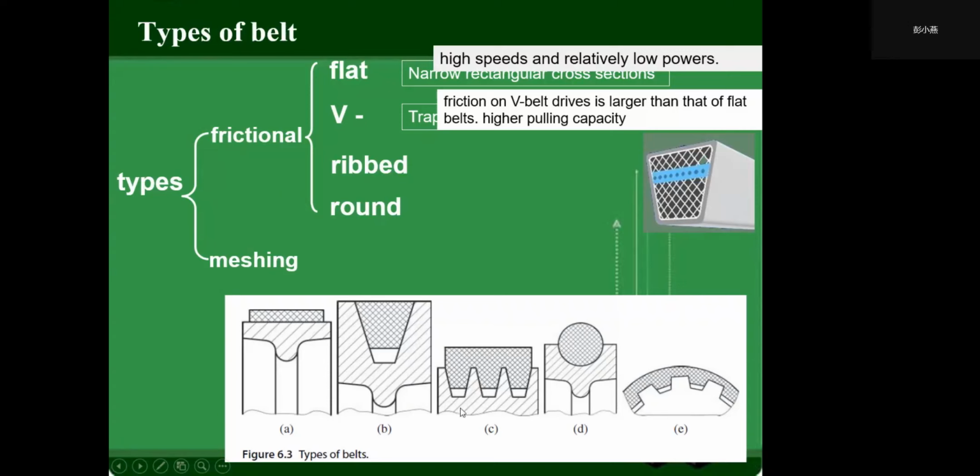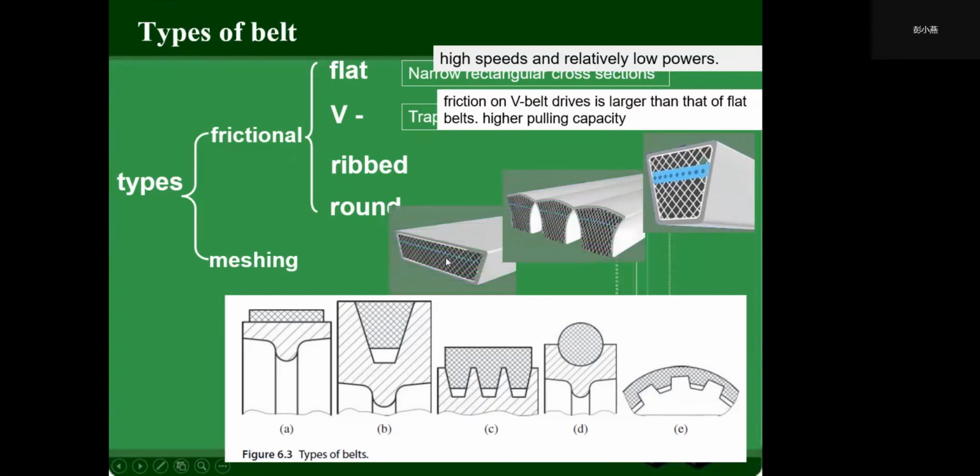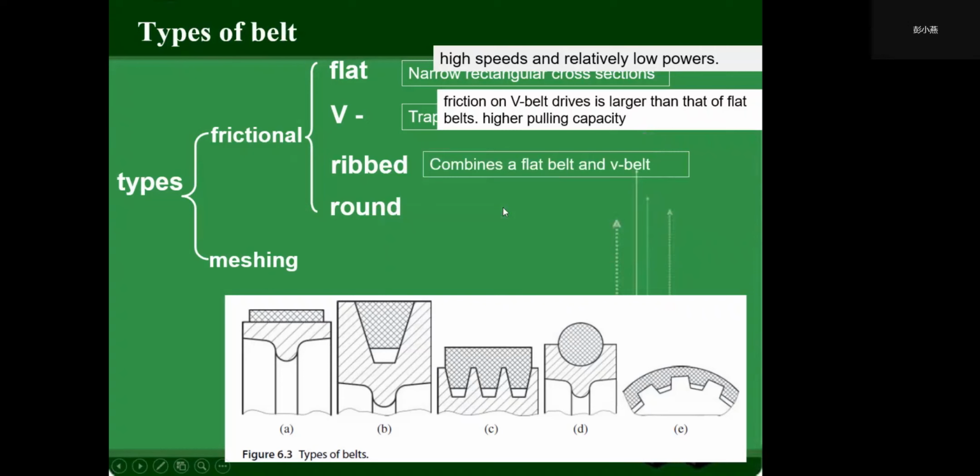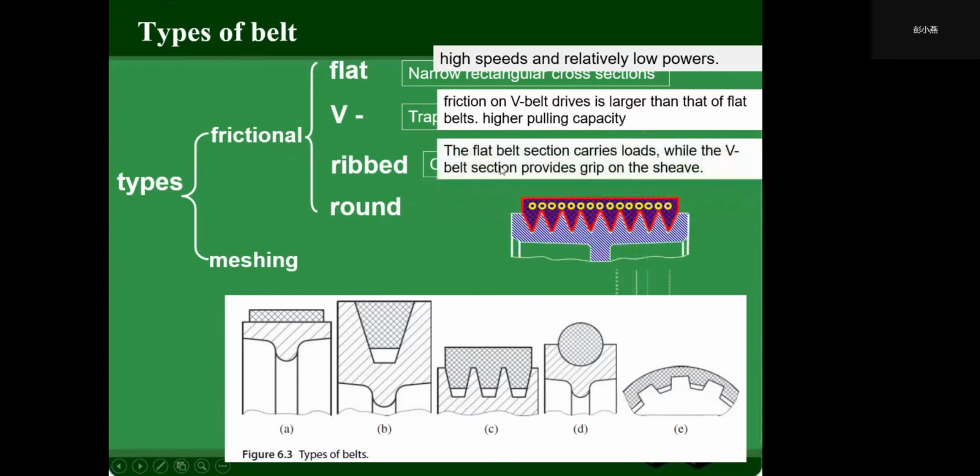Wheels with a flat profile are called pulleys, while wheels with grooves are termed sheaves. This is the figure of rippled belt. The rippled belt can improve load carrying capacity and avoid high bending stresses.